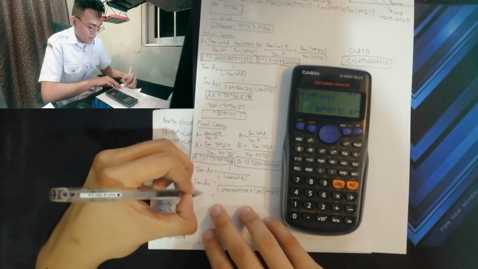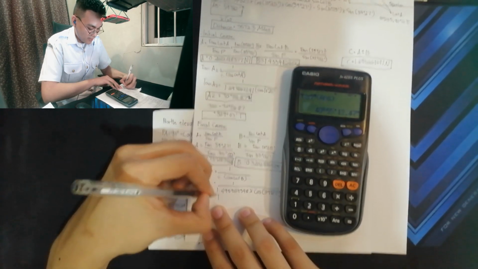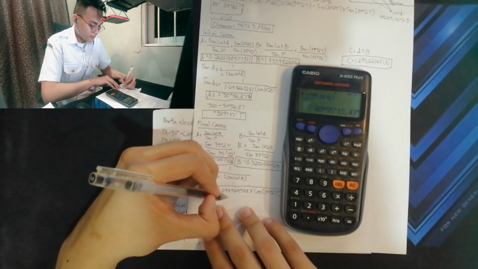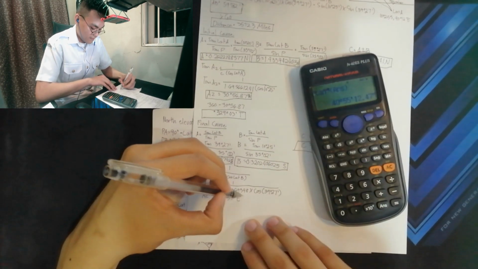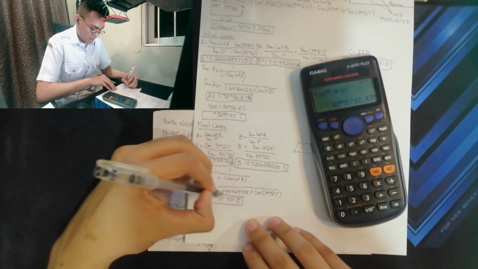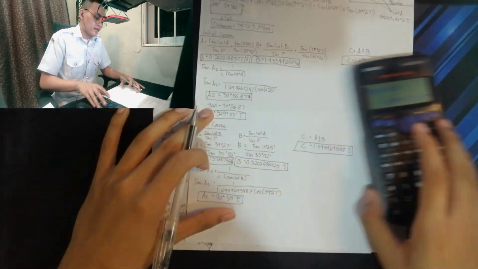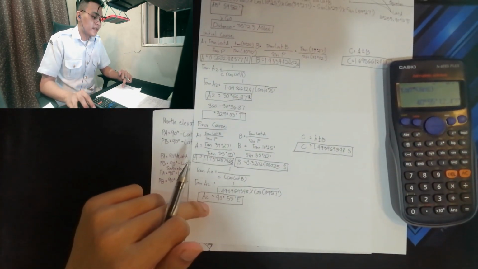So you still need to press shift tangent to make it inverse, then answer to get your final course. So final course is 40 degrees 55 minutes east. So there we have our final course in degrees.